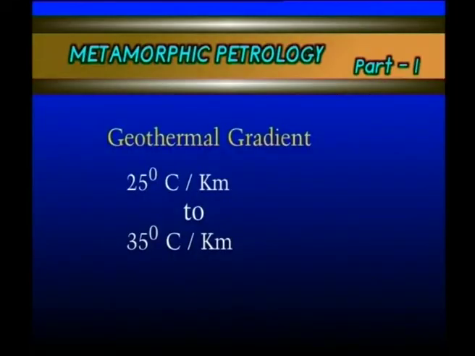Suppose we see the third case, particularly at what depth the intrusive body lies. Normally, we can assume the geothermal gradient always varies. In case of continents, it normally varies from 25 degrees centigrade per kilometer to 35 degrees centigrade per kilometer.